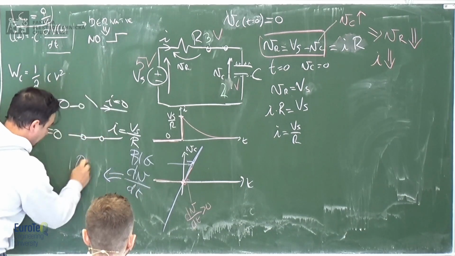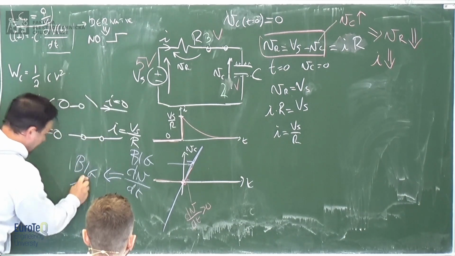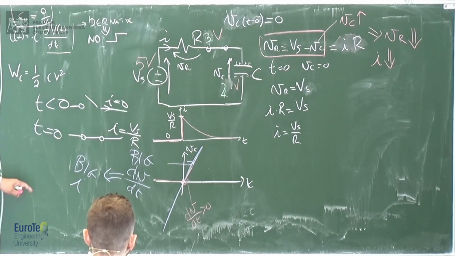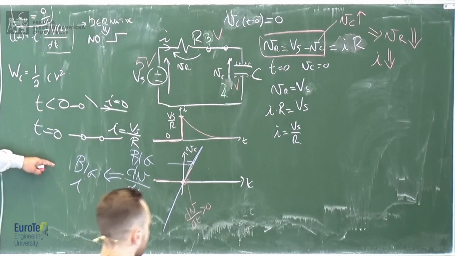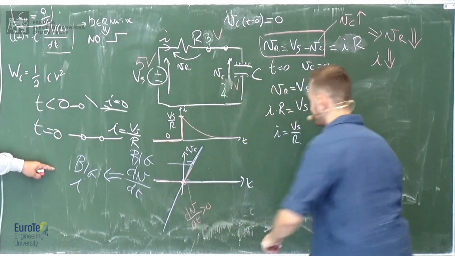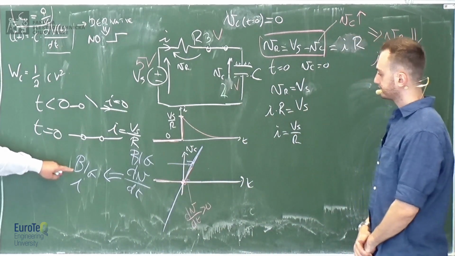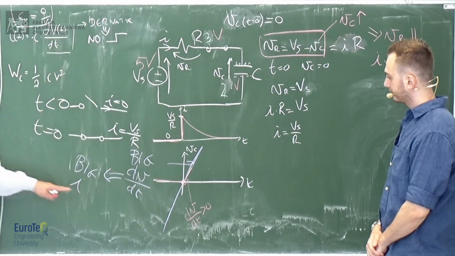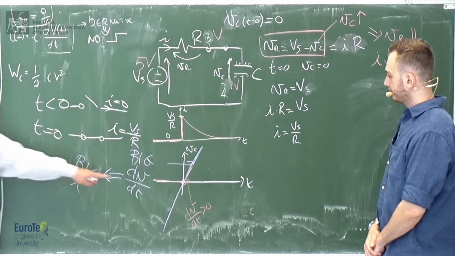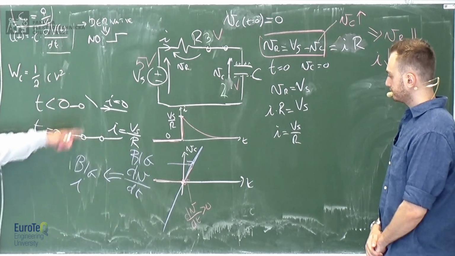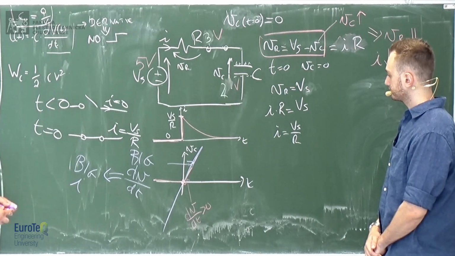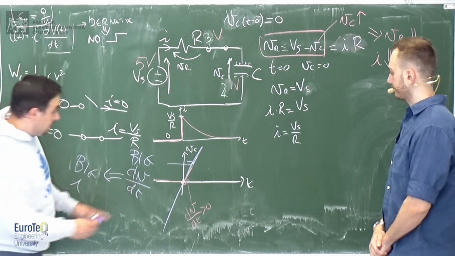Because you have a big current, okay? Here you have a big derivative of voltage because you have a big current. Then, as the current goes down, the slope changes.